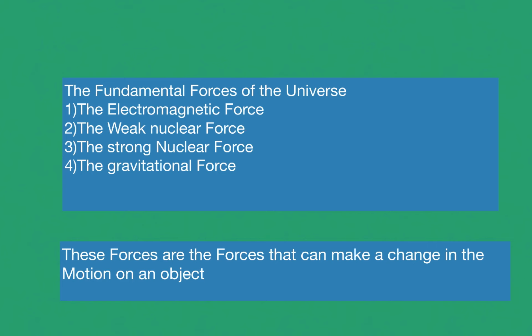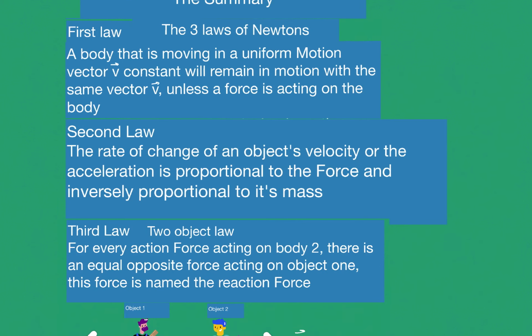What is important is that these forces are the ones that change the motion of an object, changing the direction or the magnitude of the velocity vector. So the summary will be the three laws of Newton.